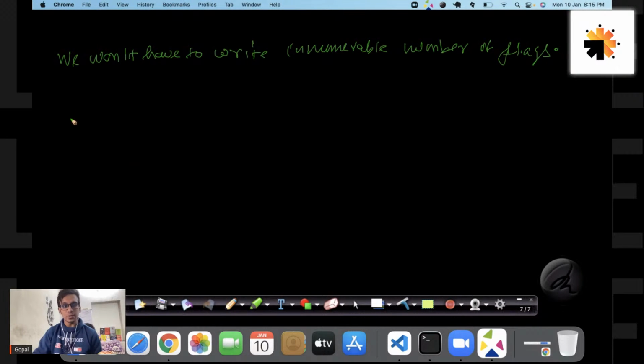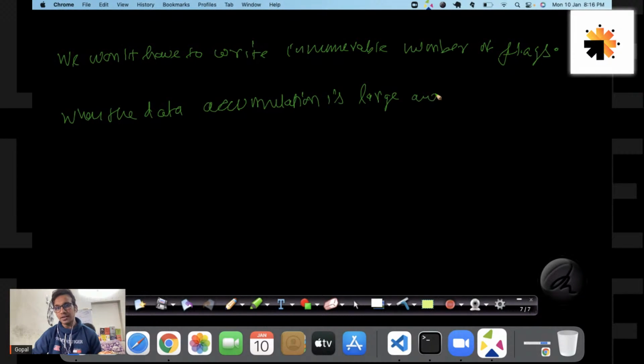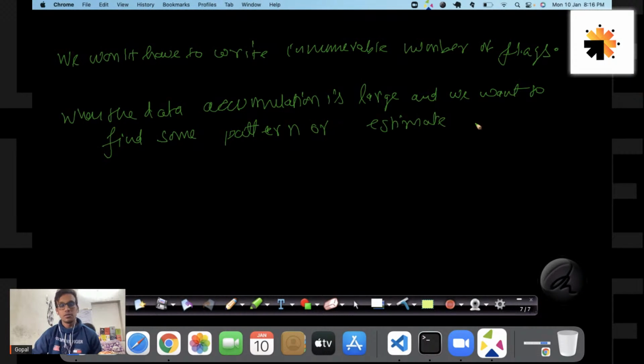So when the data accumulation is large, and we want to find some pattern or estimate, we generally use machine learning. I'm saying generally, to achieve it.